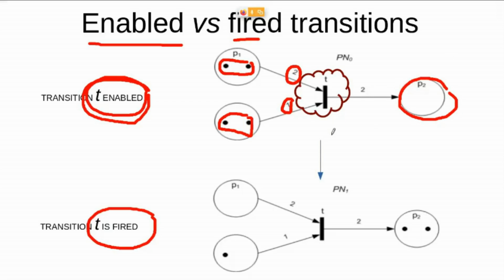And this moment depends on probability density functions, okay? Then when this transition is fired, 2 elements here in place 1 will disappear, and then 1 out of these 2 elements in this other place will disappear, because here I have a weight of 1, and then 2 elements will appear here.